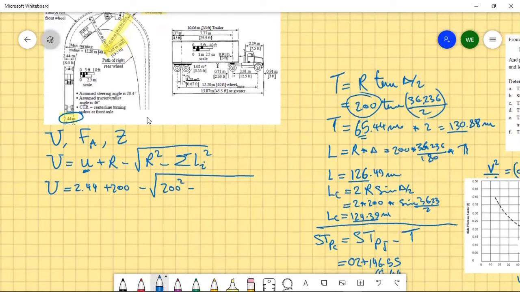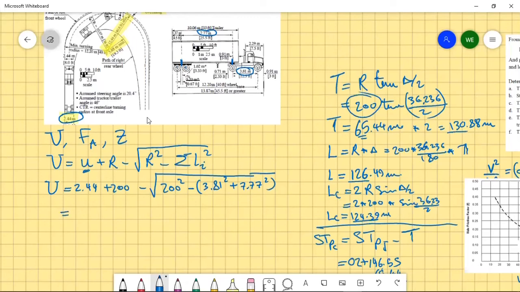We have one L here, and we have another L, which is here. We have a pivot point in the truck here, and another pivot point between the two axles here. So here, this will be 3.81 square plus 7.77 square.